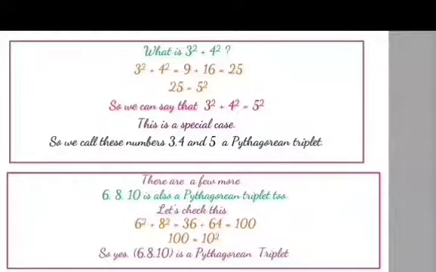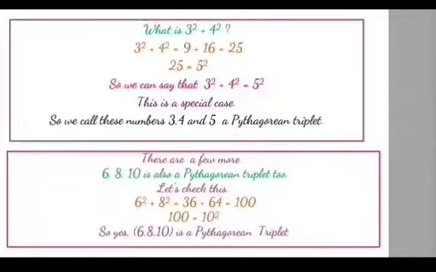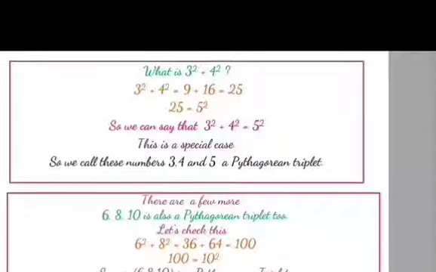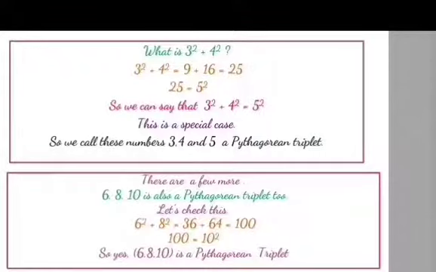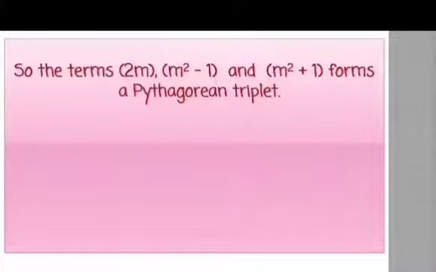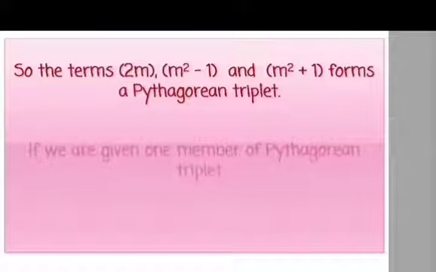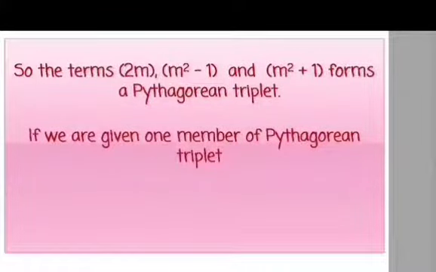We'll add them and we'll get 100. We know that 100 is the square of 10. So we can say that 6, 8 and 10 are the members of a Pythagorean triplet. All are clear that the terms 2m, m square minus 1 and m square plus 1 form a Pythagorean triplet.